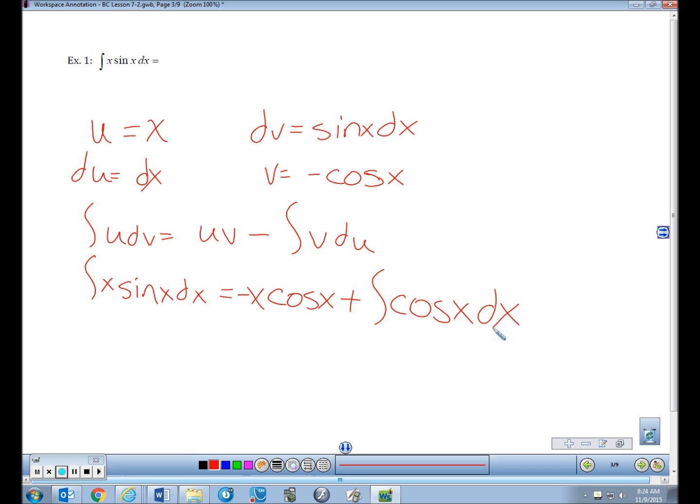The integral of cosine x dx is really easy to solve. It's negative x cosine x, and the integral of cosine is sine, so this is plus sine x. And here is where we'll put the plus c.